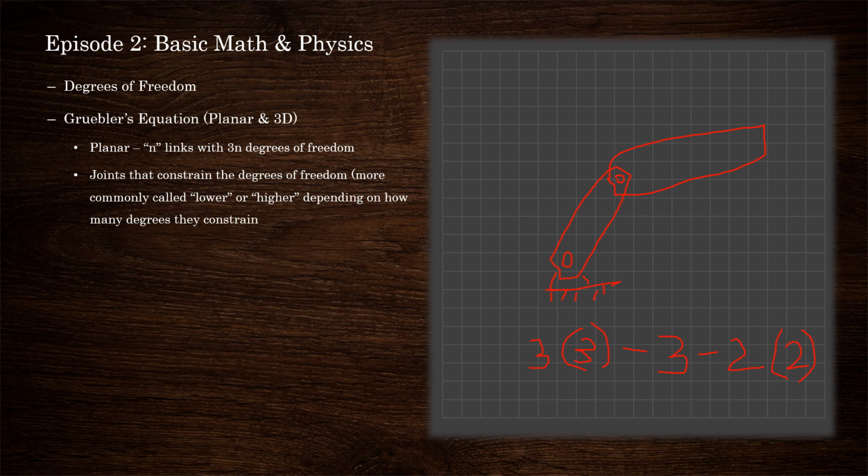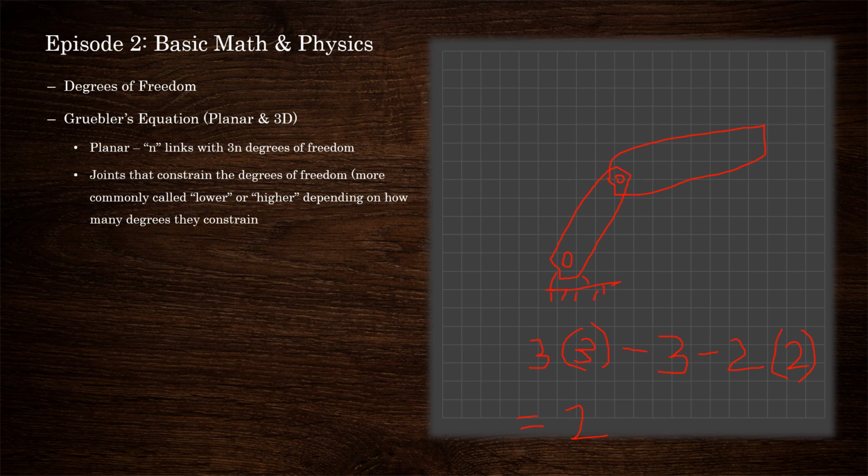So what does this mean? 3 times 3 is 9, minus 3 is 6. 6 minus 4 is 2. So this system has 2 degrees of freedom, as we had mentioned. So this is what it means.